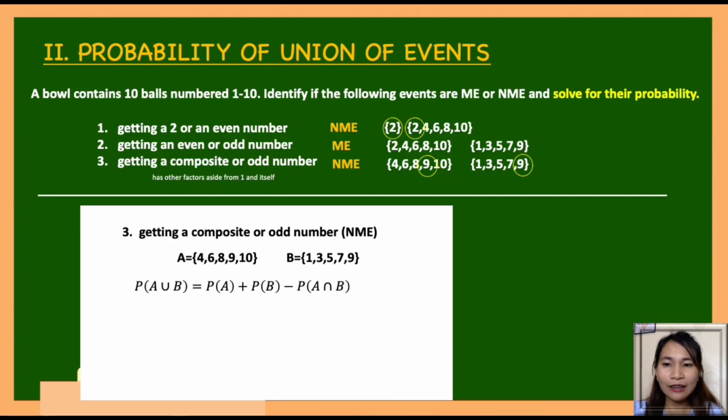The probability of A is 5 over 10, and the probability of B is also 5 over 10, minus their intersection. They only have one common element, which is 9, so we have minus 1 over 10. Performing the operation, you arrive at 9 over 10, or 0.9, or 90%. Meaning to say there is a 90% chance of getting a composite or odd number. That's quite high.